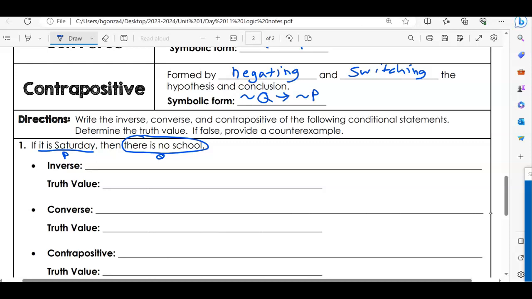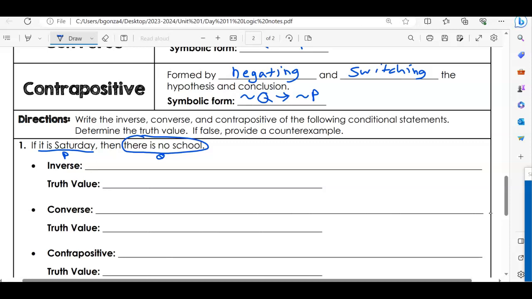Here's the question. What is the inverse of if it is Saturday, then there is no school? Inverse is not the switch, it's the opposite.